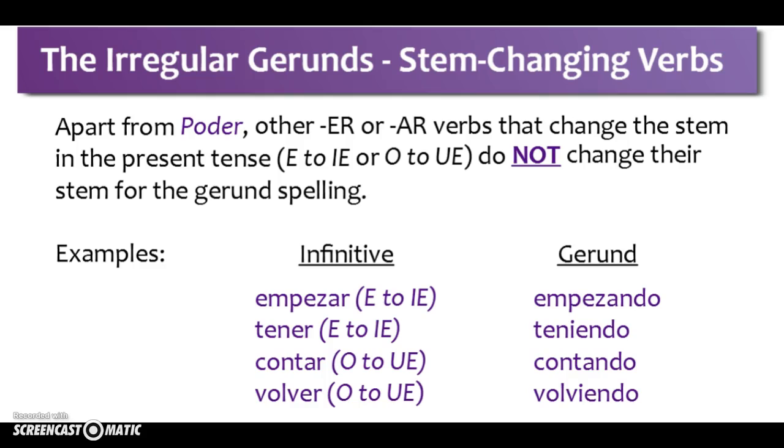Our examples of empezar and E to IE, tener, contar, and volver, both O to UE, become empezando, teniendo, contando, and volviendo. See, no stem changes there either.